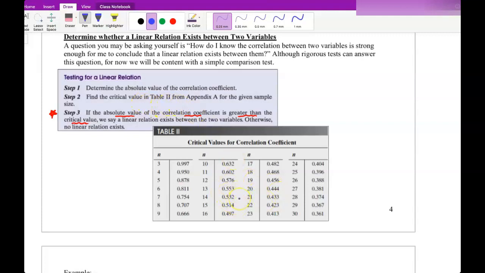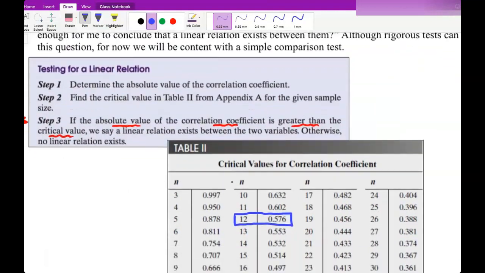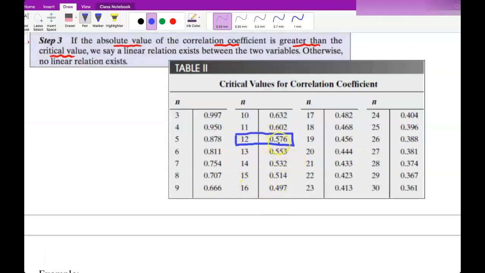Here our n is equal to 12. Based on that, our critical value is 0.576. So we have this number, 0.576, because our sample size is equal to 12.